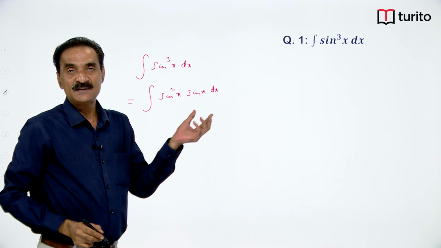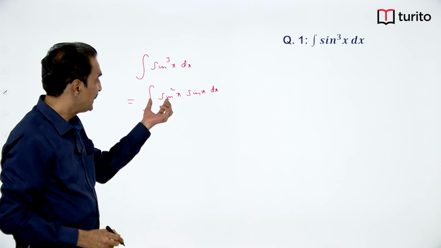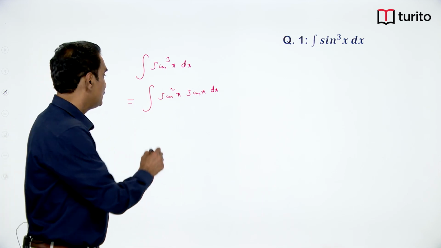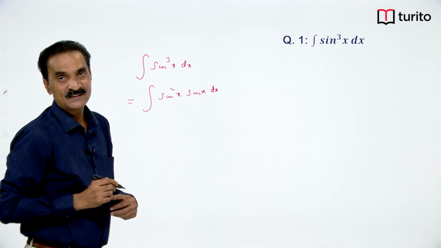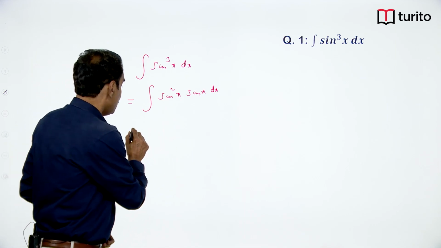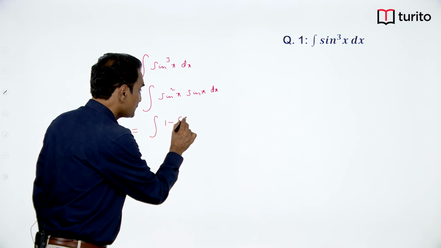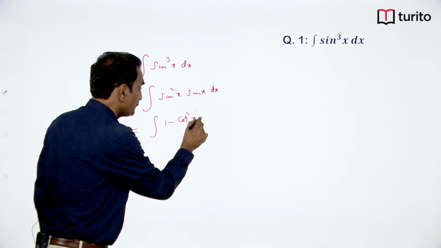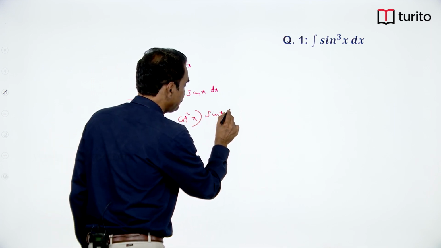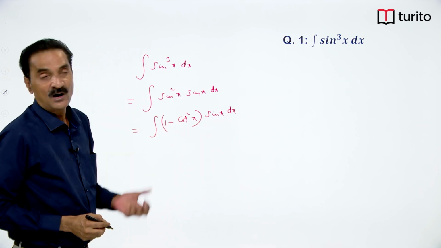And this sin x is the derivative of minus cos x. And we can write sin square x as 1 minus cos square x. Then by putting cos x equal to t, we can integrate by substitution. Writing sin square x as 1 minus cos square x into sin x dx, then putting cos x equal to t.